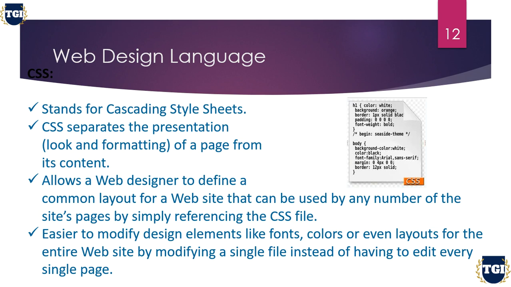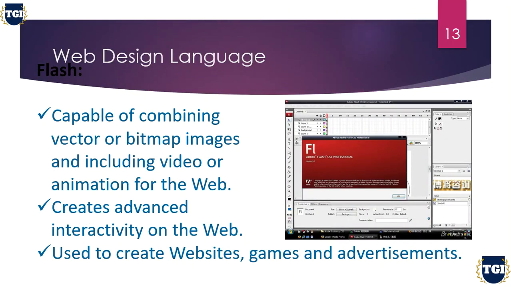It allows a web designer to define a common layout for a website that can be used by any number of site pages by simply referencing the CSS file. It is easier to modify design elements like fonts, color, or even layouts for the entire website by modifying a single file instead of having to edit every single page.